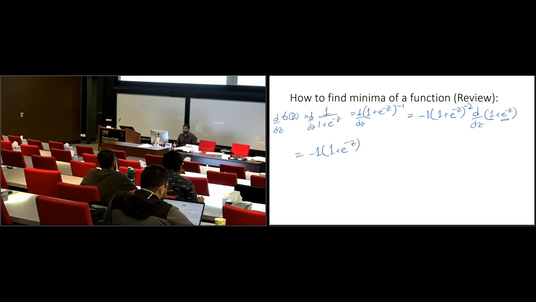The derivative of exponent minus z with respect to z is exponent minus z times minus 1, so I just remove the minus sign here. Does it make sense to everyone? Just simple derivatives, simple chain rule. Okay, and then I can write it like this.